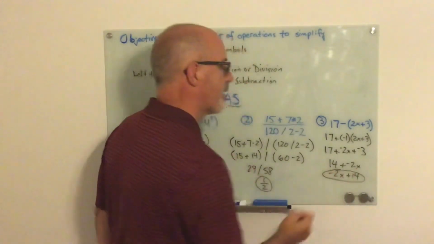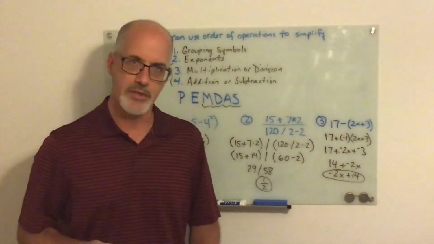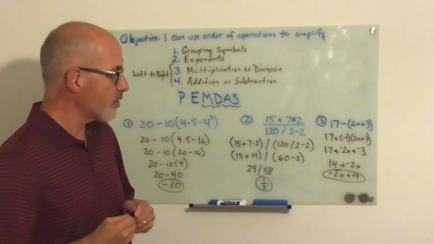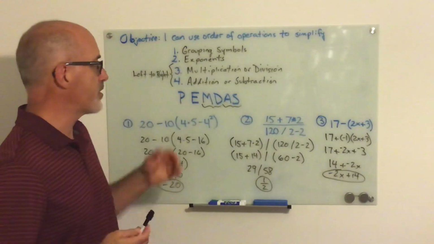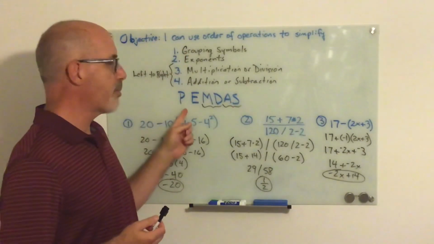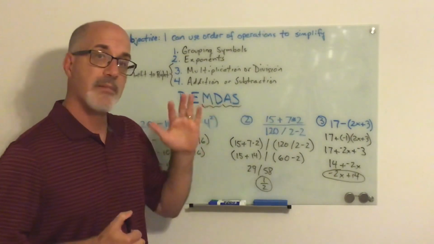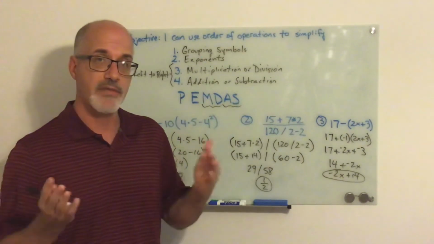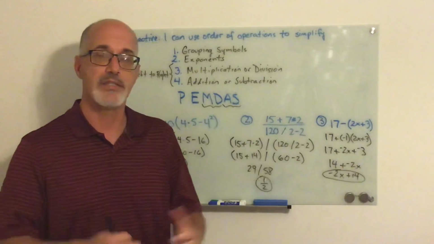This is an example with variables using order of operations. So to simplify using order of operations, you want to use this order, and some people remember it using PEMDAS, but that will tell you, when looking at different operations, which one to do first.